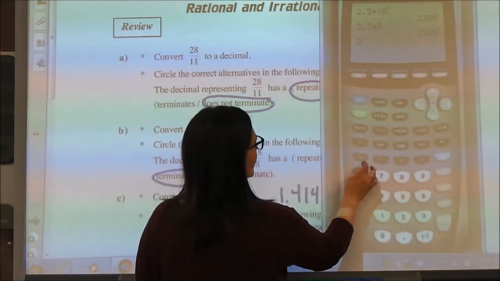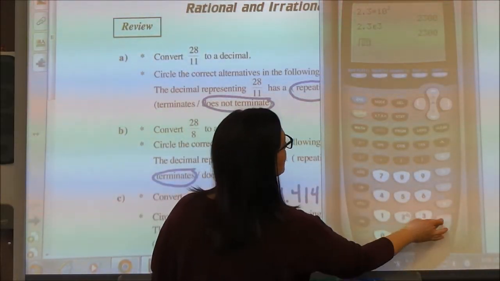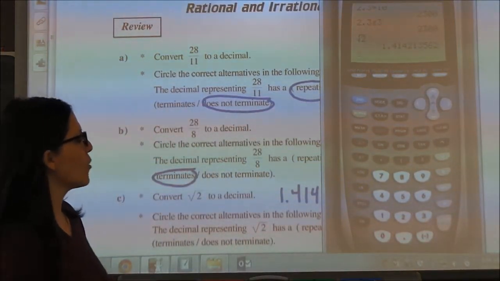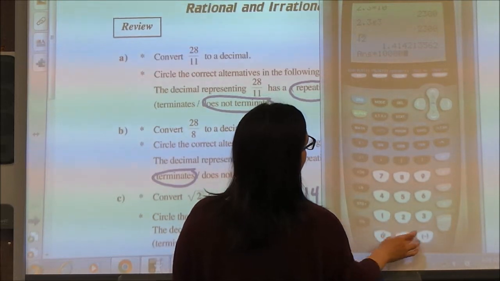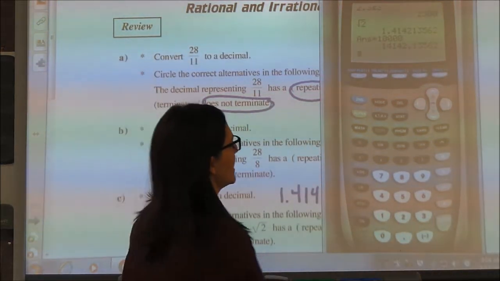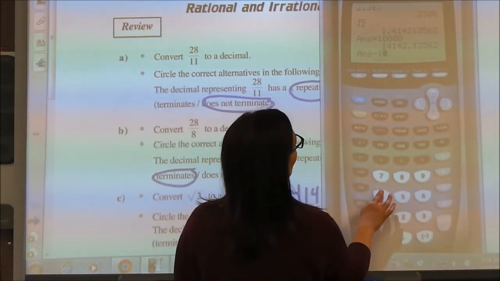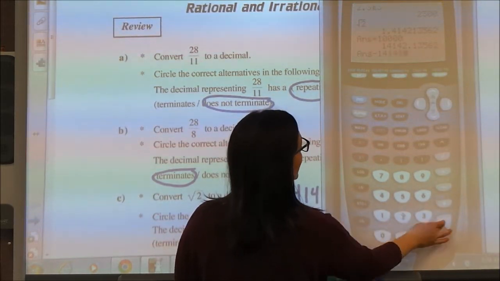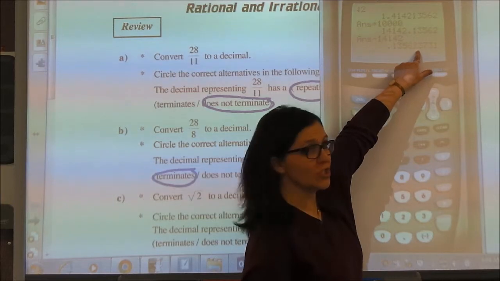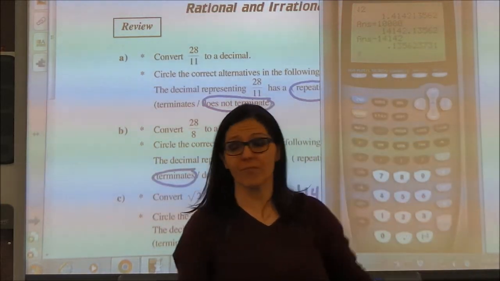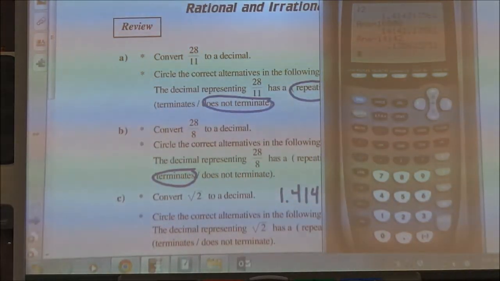If I go square root of 2, multiply this by 10,000 and then subtract 1,142, after this 562, which is where we ended up, I have 4 more numbers. So did it terminate after the 9 digits? No. And I could do this again.